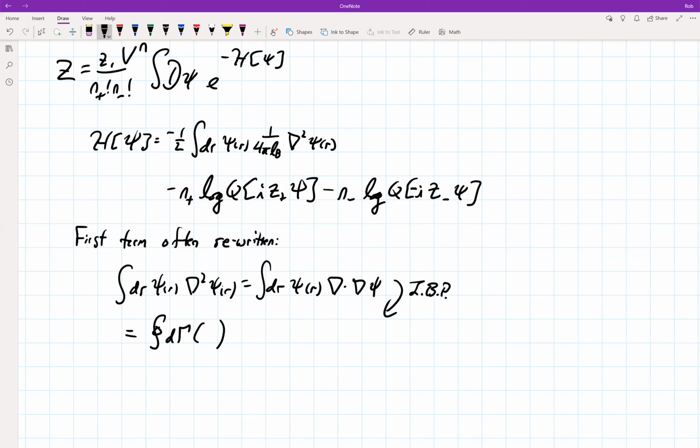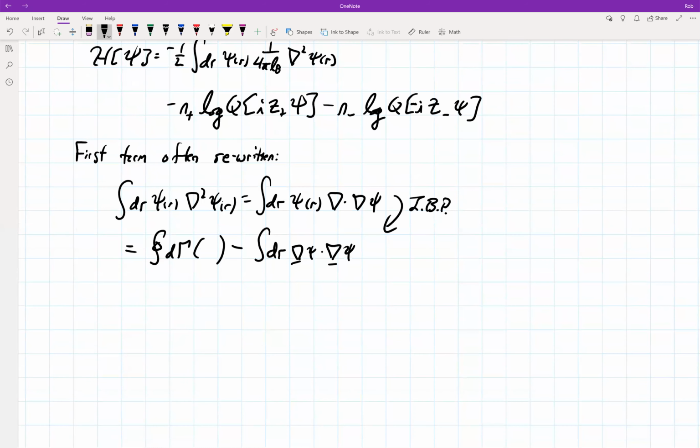And so that whole integral is always going to be 0. And then one of the gradient operators gets moved over to the other field. And so this just becomes minus integral dr grad psi dot grad psi. Or the way that this is typically written, this term is just going to be 0, and this just becomes minus integral dr grad psi squared.